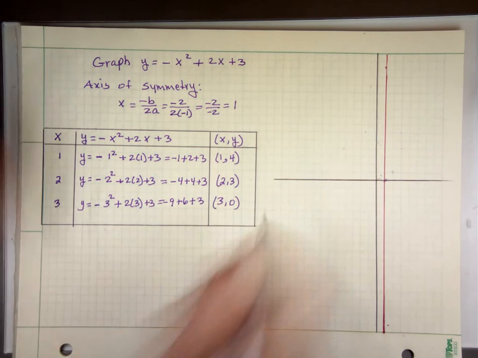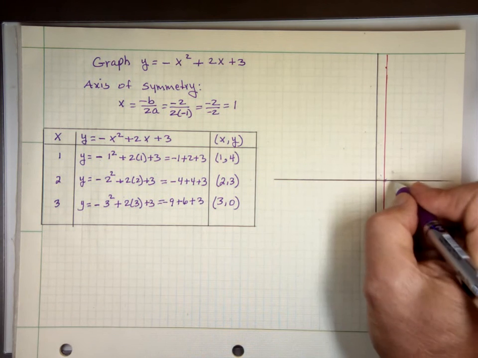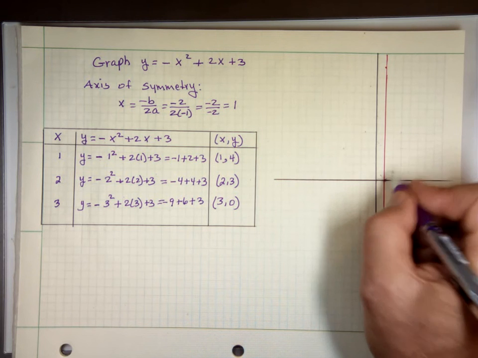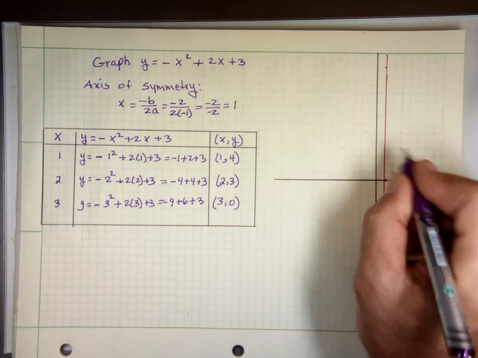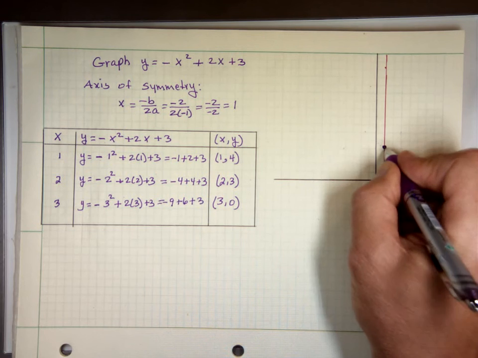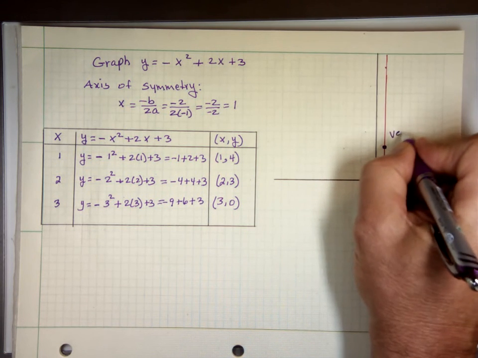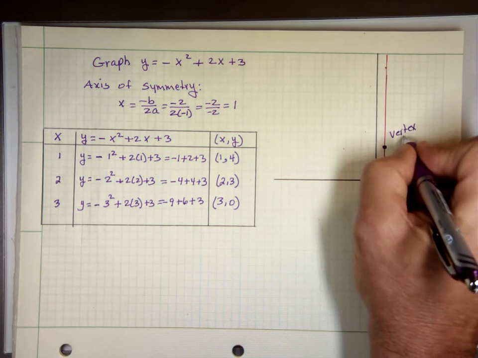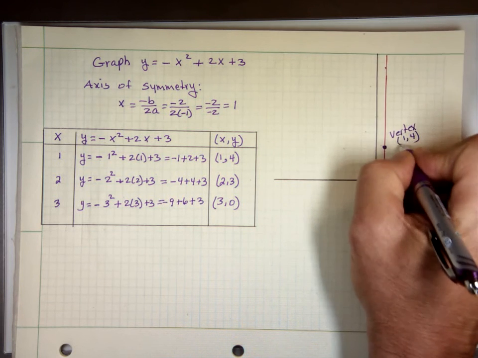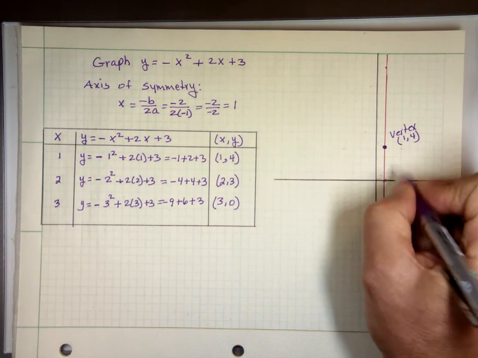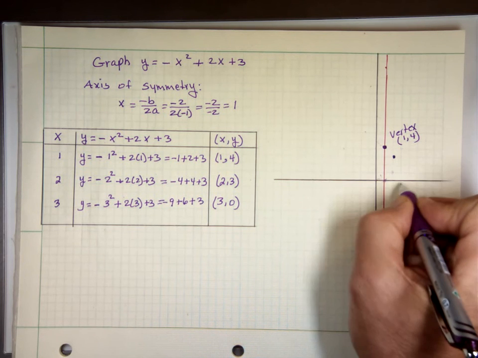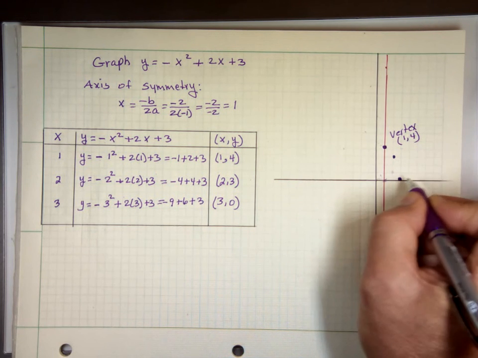So 1 and 4, right here. That's your vertex, 1 and 4. Then 2 and 3, 3 and 0, which means to find the other ones, just flip it over.